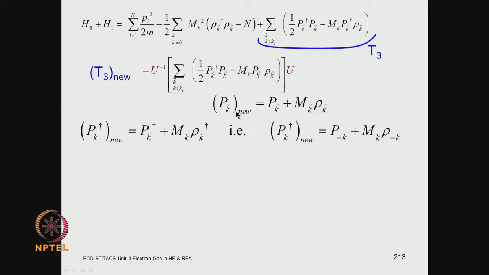So, this is the new momentum, and this is its adjoint. P dagger is the adjoint of the first term and then the adjoint of the second term, which is rho dagger, but rho dagger can be written as rho minus k, which also is a result that we have discussed in our previous class.